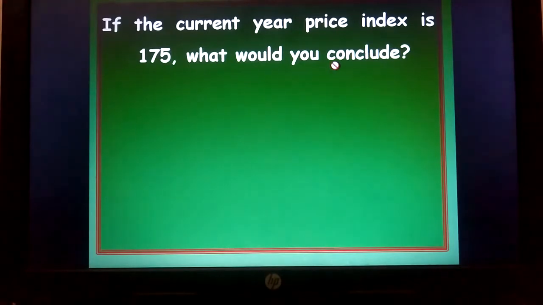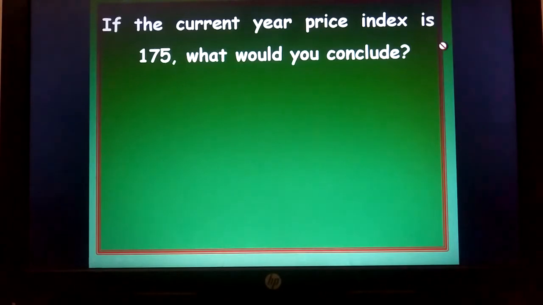The conclusion has to be given always in terms of index numbers, how much percentage either increased or decreased in the current year as compared to the base year. That is what a conclusion means in the entire chapter on index numbers. So here, in the current year 175% is the index. What would you conclude?